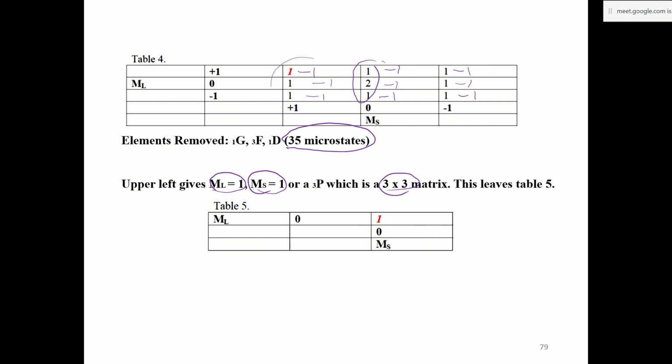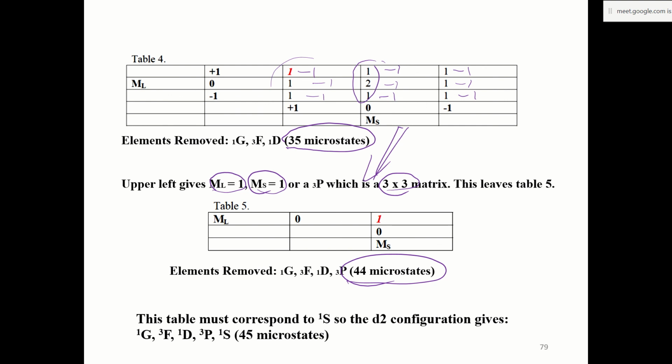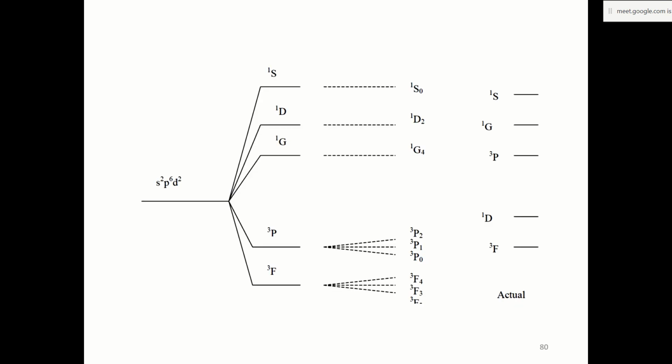So the new table will be this. So 3P, and now after removal of these 44 microstates, you have the 1S state. So this is the d2 configuration. We have been able to account for all the microstates.